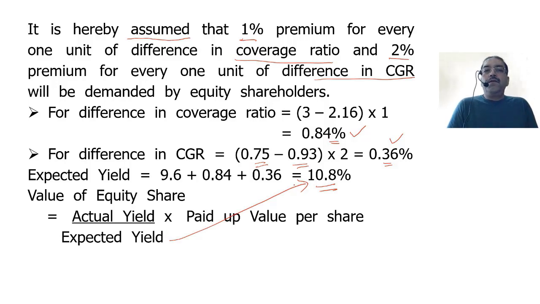If nothing is given, I will take paid up value as 100 rupees per share. So 4.39 divided by 10.80 into 100, that is 40.65.